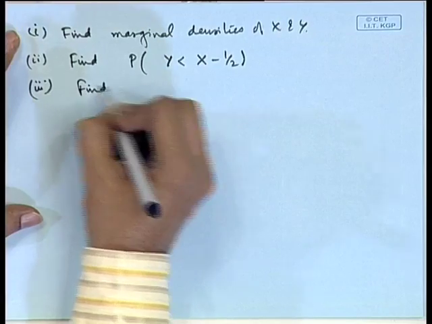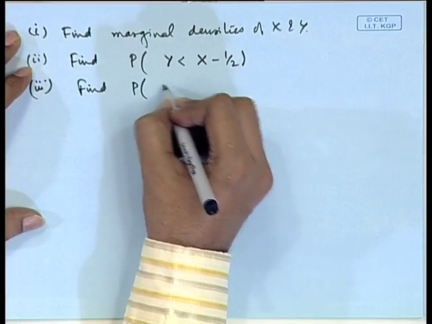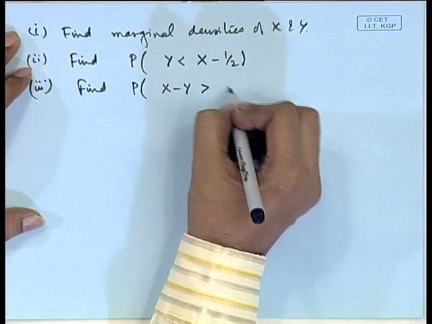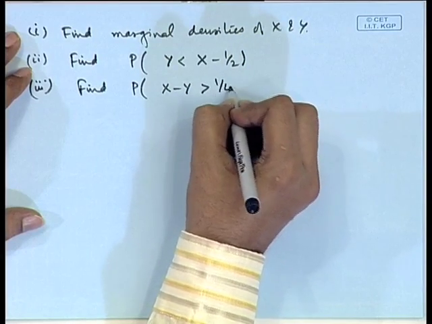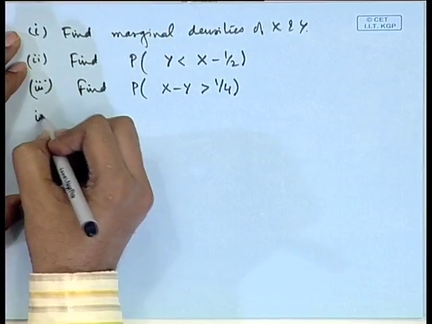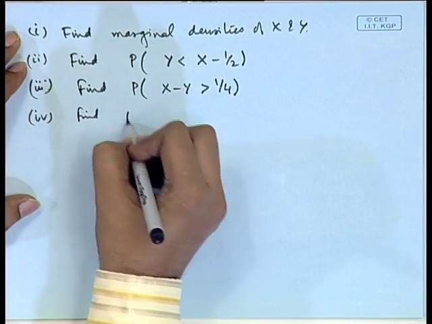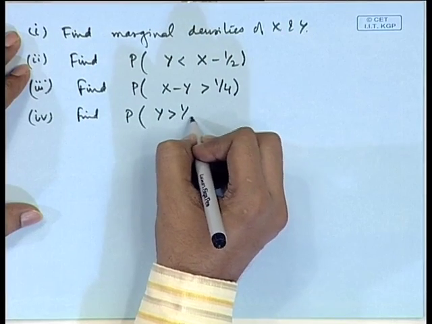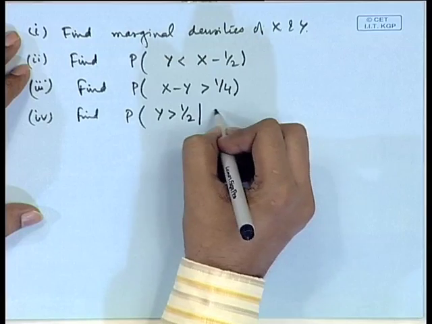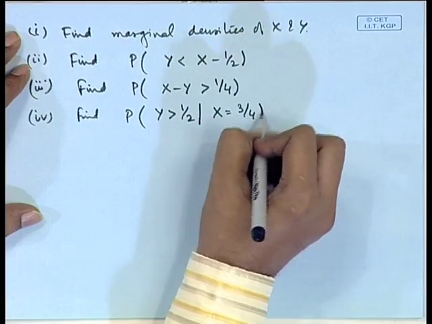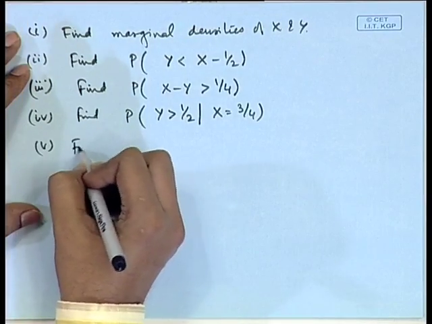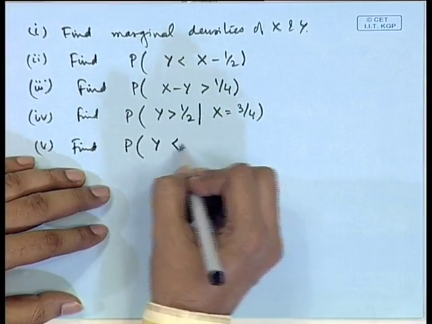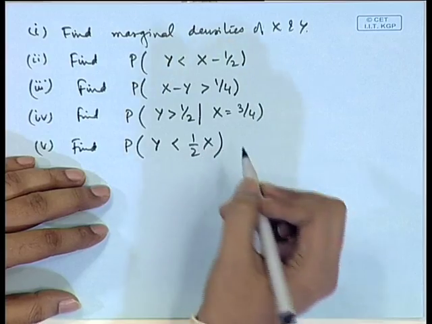Find probability say x minus y is greater than 1 by 4. Find probability y is greater than 1 by 2 given x is equal to 3 by 4. Find probability say y is less than half x, etc.